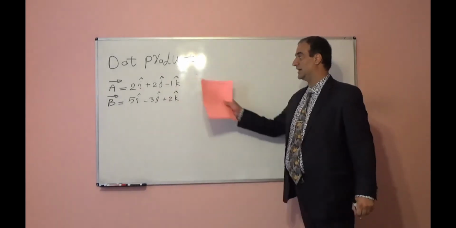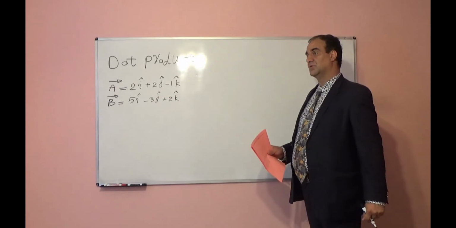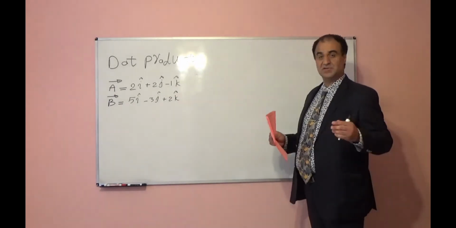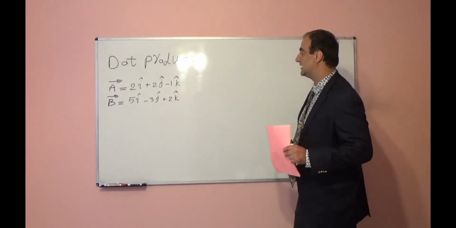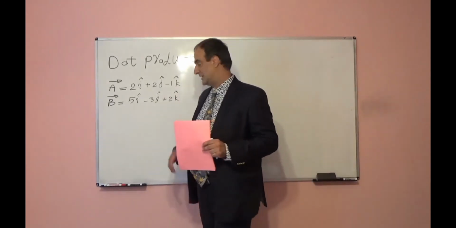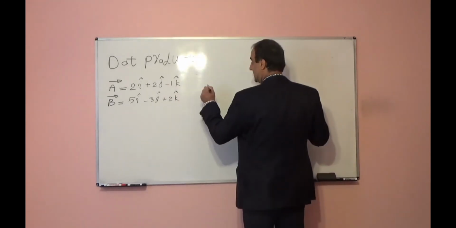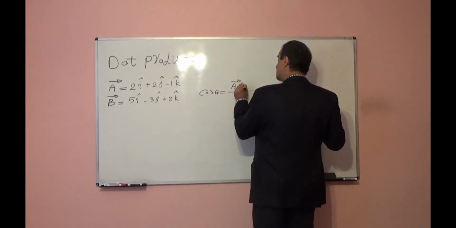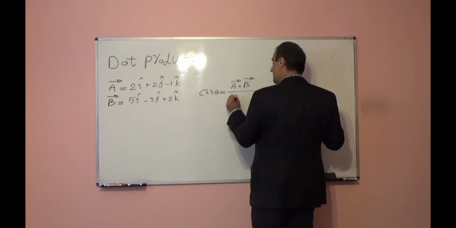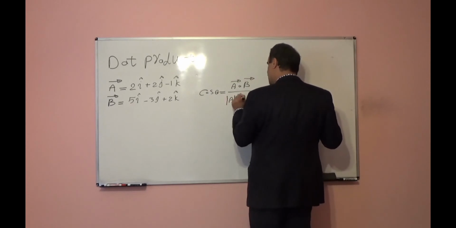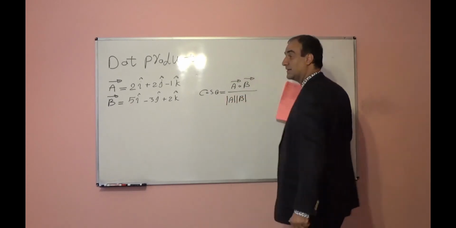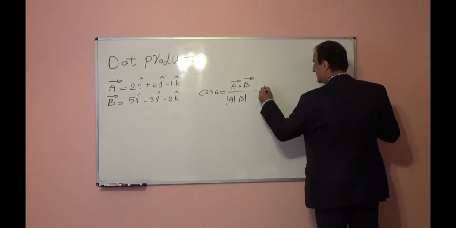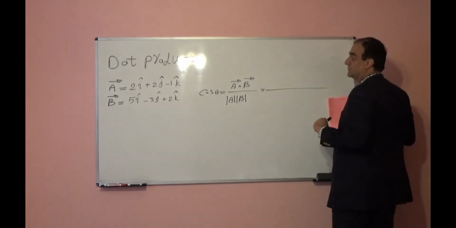Now we have two vectors in Cartesian vector form, and we want to find the angle between them. So I can write cosine theta is equal to A dot B divided by the length of A times the length of B, or the magnitude of A times the magnitude of B.